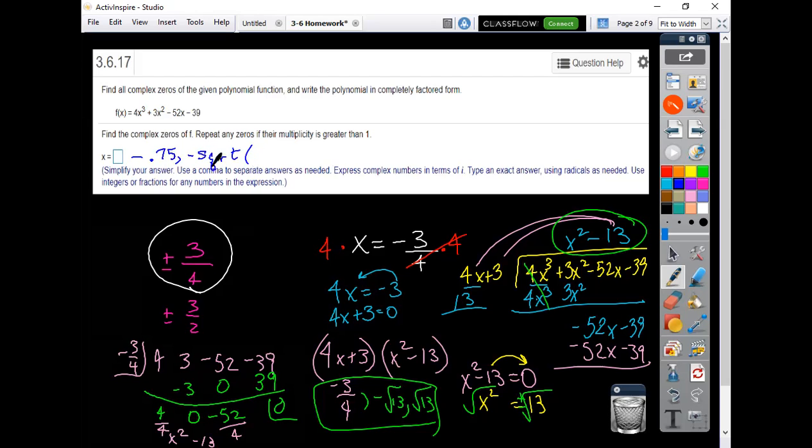I think the abbreviation for that, if you're typing it in, is just SQRT of 13 like that. Otherwise, they'll give you that menu where you can actually get the square root symbol. And then the other one, the square root of 13. So whether you do it like that or like this, that would be our 3 zeros for that problem.